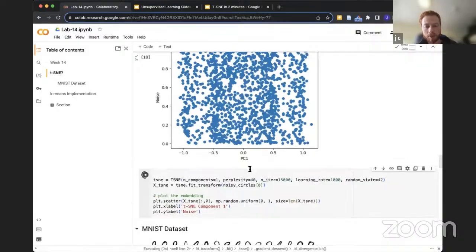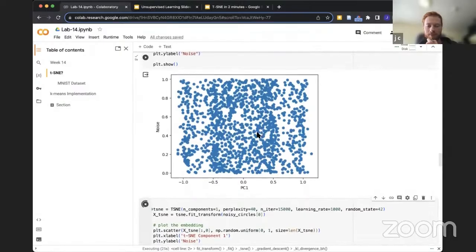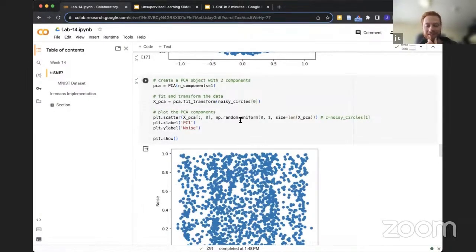I'll just run it. Then it's just a blue line if I remove the noise.